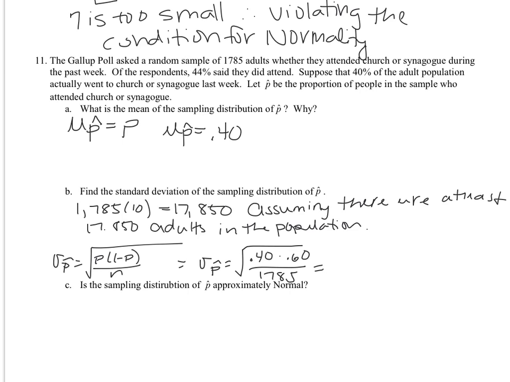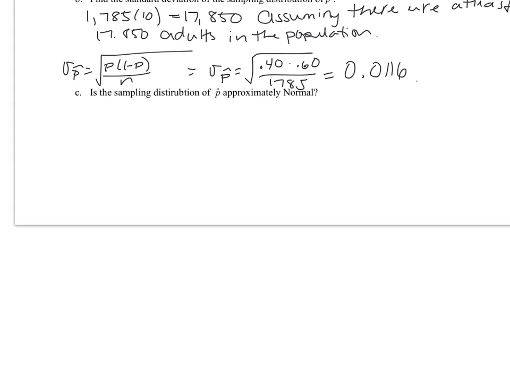So we put that in our calculator and we get 0.0116. All right? So the 10% condition is met, so therefore we go ahead and follow by doing the formula for standard deviation.